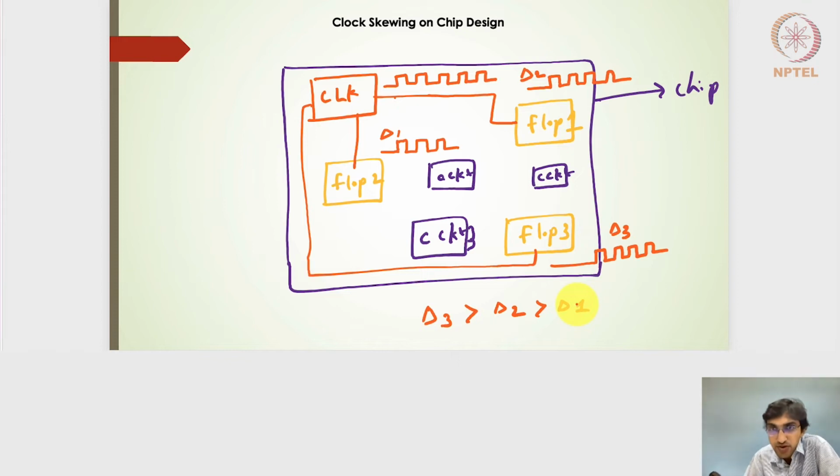And if I don't know the placements of flop 1, 2, and 3, in fact it could be completely the other way also. Flop 3 can be very close to the clock, and flop 1 can be very far away from the clock. Right.